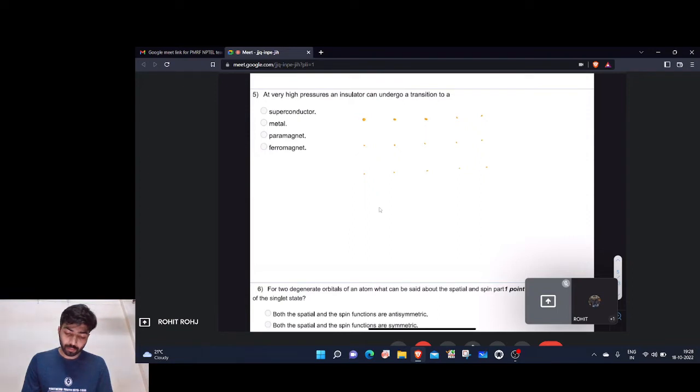But if one applies high pressure, let's say hydrostatic pressure on all sides, then these atoms come closer to each other, leading to interaction and overlap of these orbitals, which means that overlap has increased and electrons can conduct from one site to the other, leading to a change from insulator nature to a metallic nature. So at high pressures an insulator can undergo a transition to a metal.